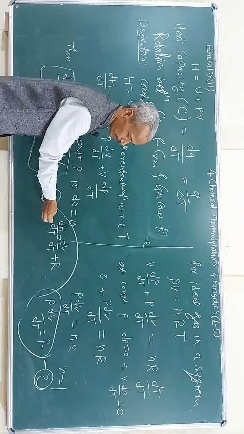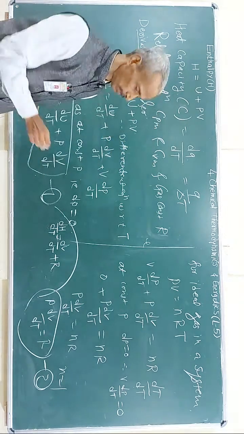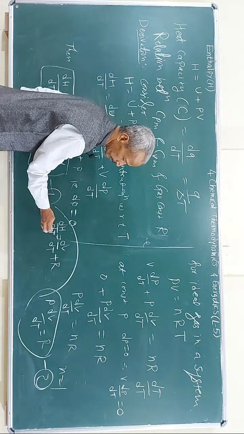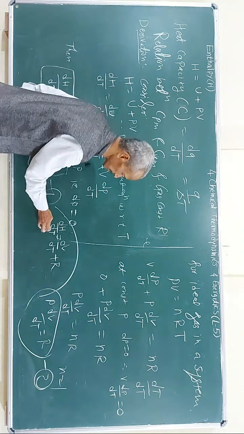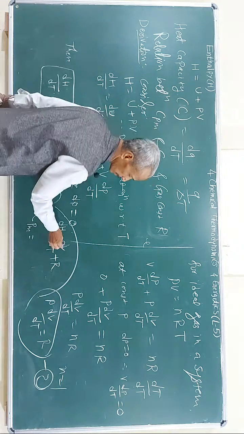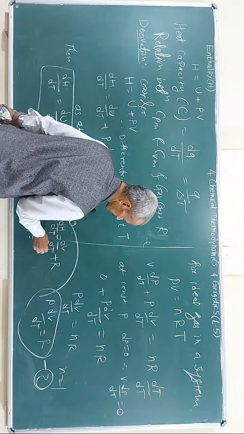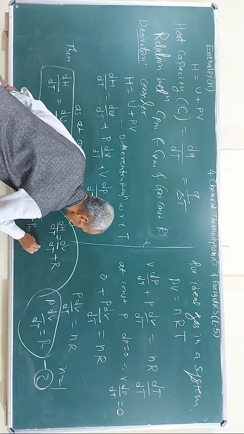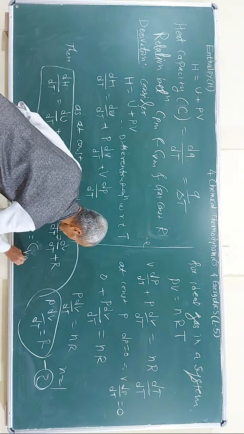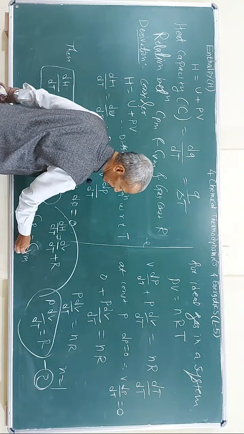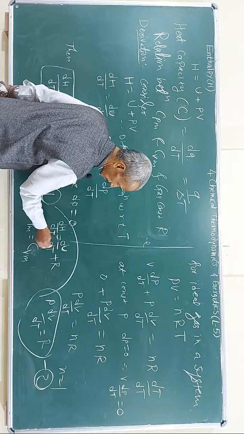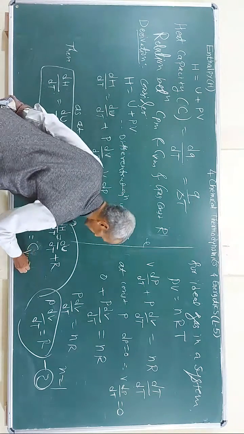Of course, for the process carried out at constant pressure, the enthalpy change per unit change in temperature is Cpm. And dU upon dT, we have discussed, is nothing but Cvm, the molar heat capacity at constant volume.